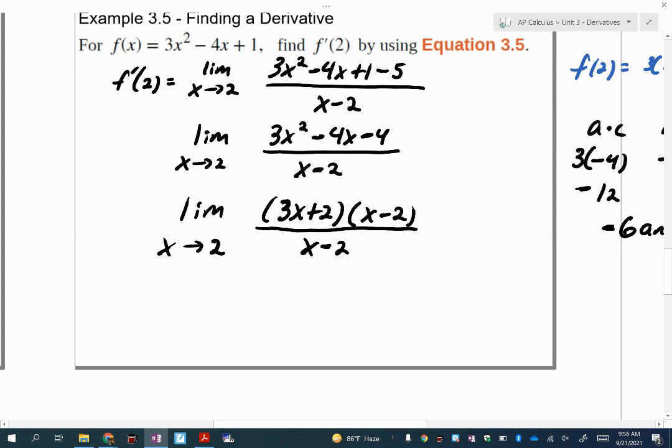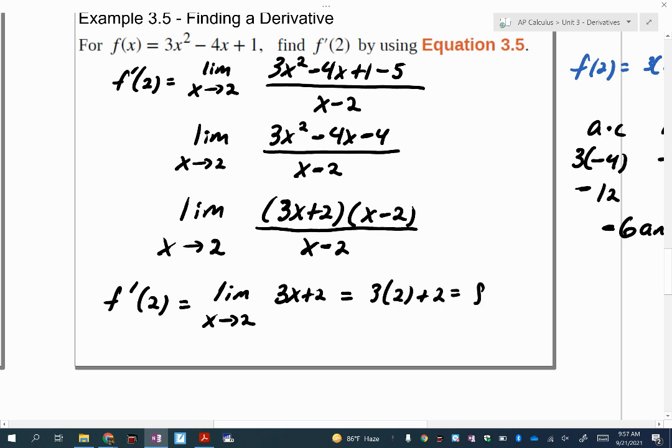So now I can cross out the common factor and write down that my derivative of this function at x equals 2 is the limit as x approaches 2 of 3x plus 2, which I can plug in that 2 now. 3 times 2 is 6, and then plus 2 is 8. All right, so that is f prime of 2. It's equal to 8. All right?